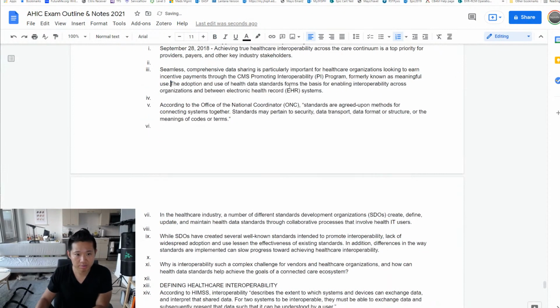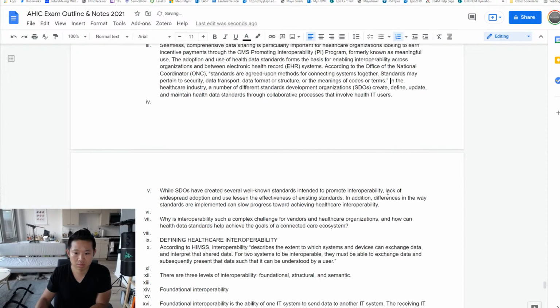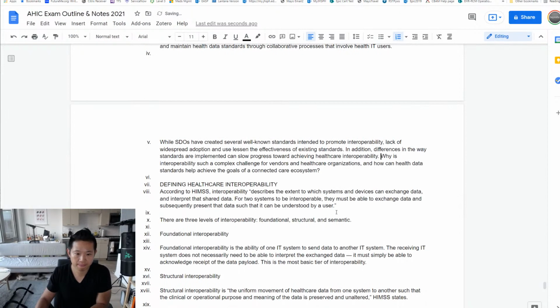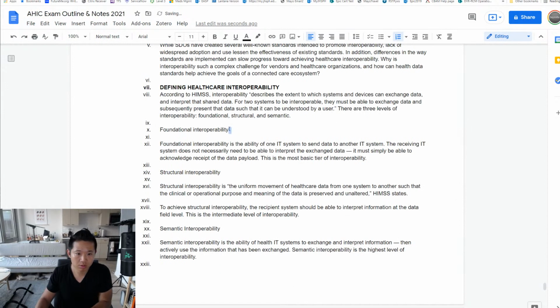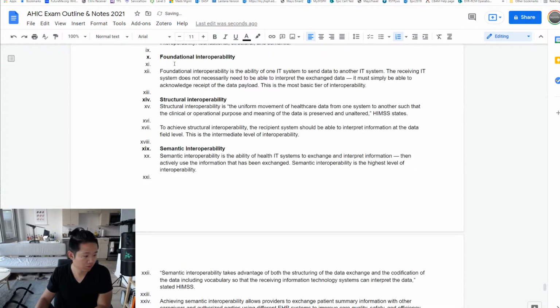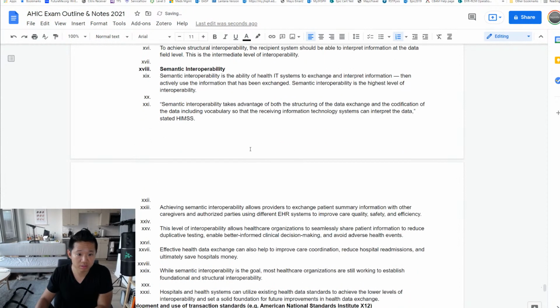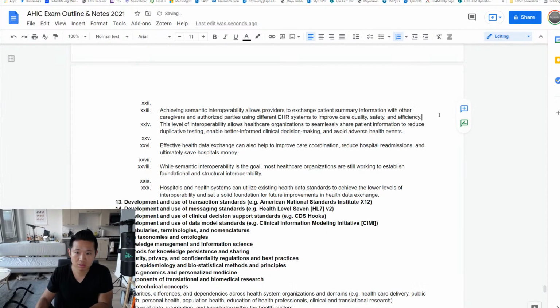There's a lot. Functional, structural. Some of this is going to be duplicative of the stuff we did just the day before, but that's okay.